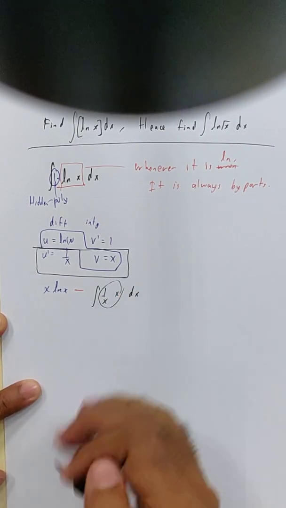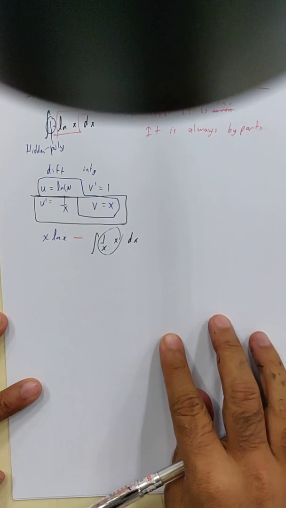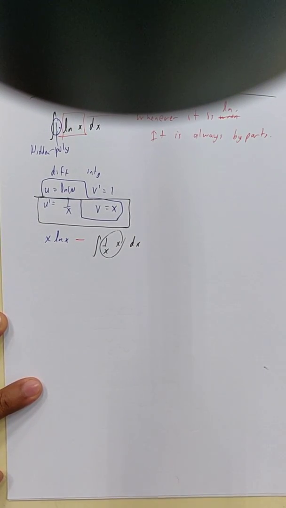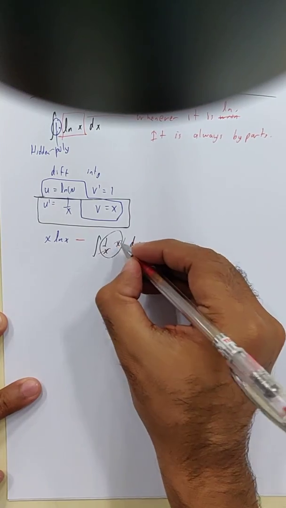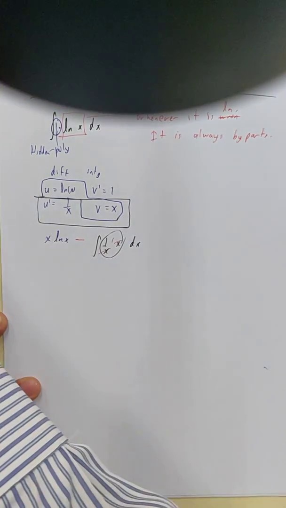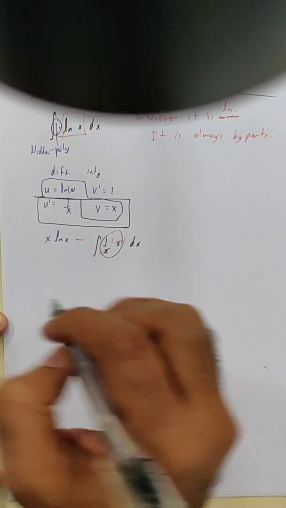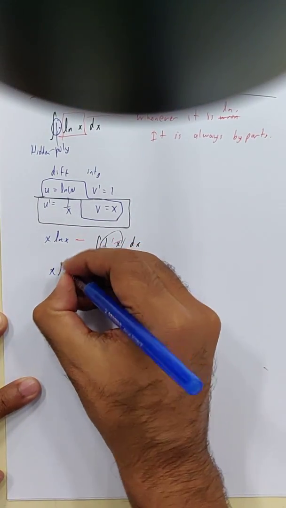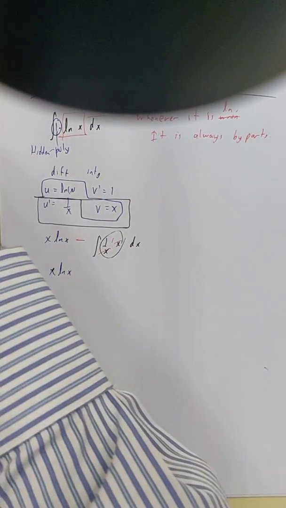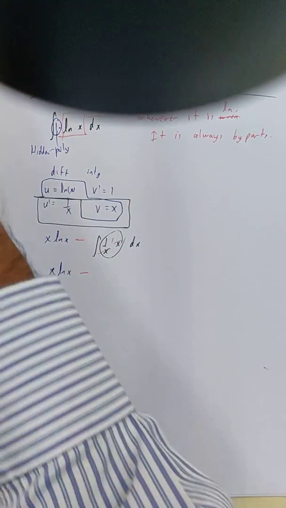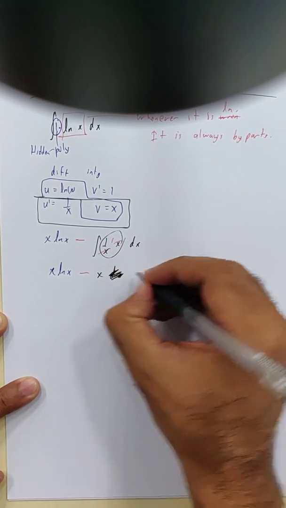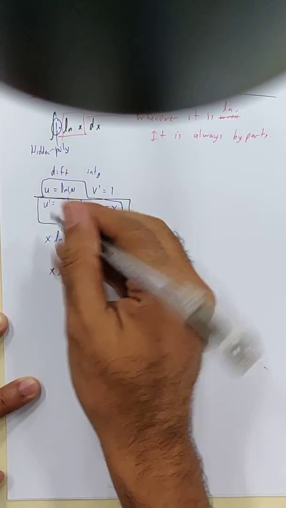What can we do with this thing? Simplify, I got 1. So integrating 1, what do we get? Yes, very good. x ln x minus x dx. Oh, sorry, no dx, plus c.